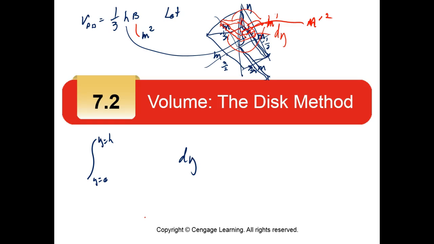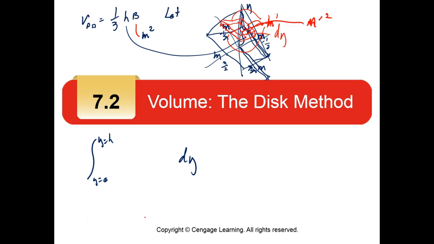Thickness is dy, so what we're going to have is m prime squared dy. And you're going to be integrating these m prime squared dy from 0 to h.